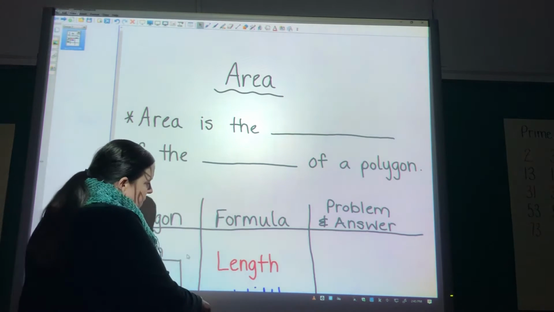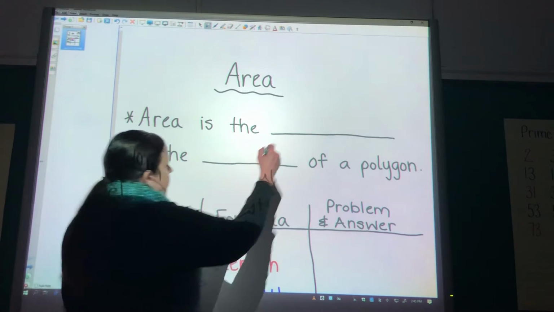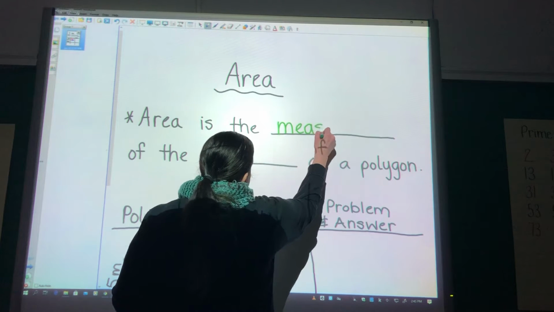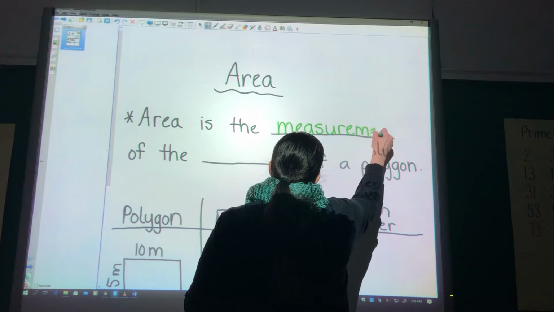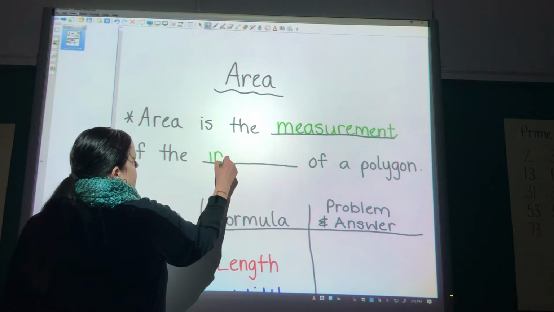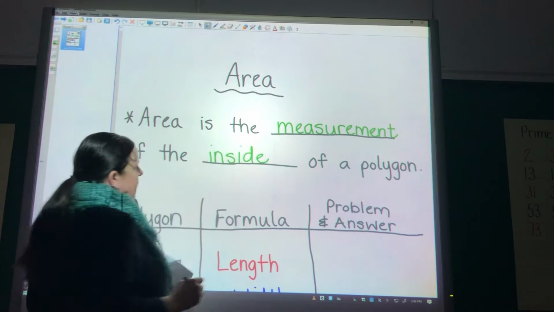So first of all, area is the measurement of the inside of a polygon.